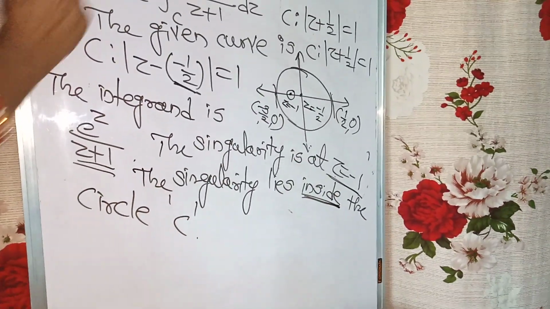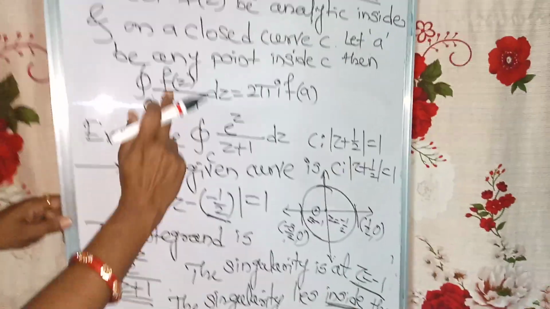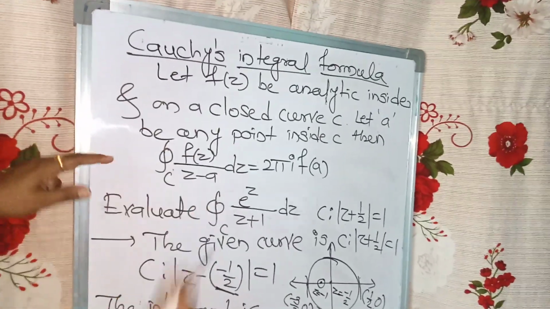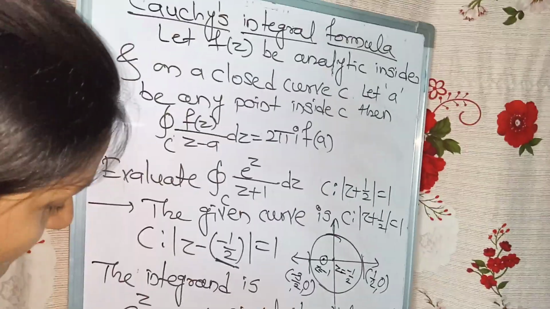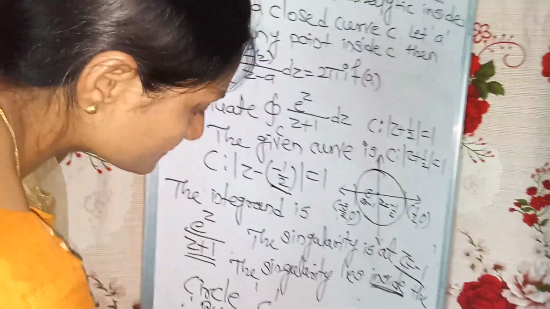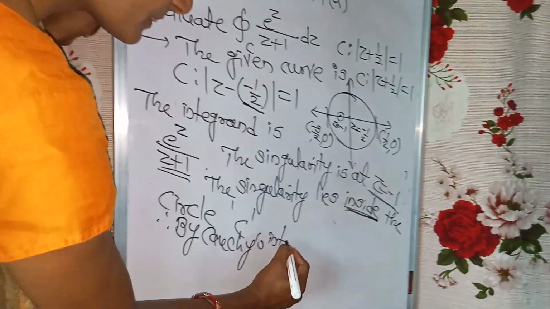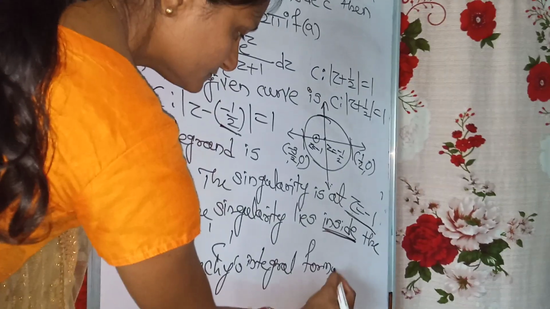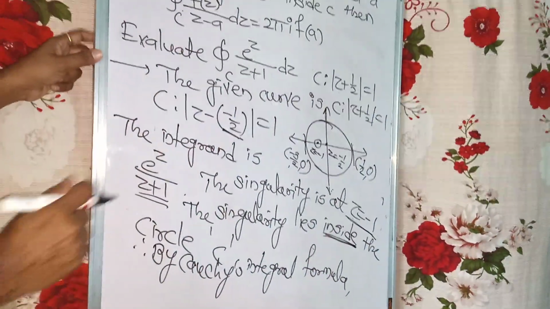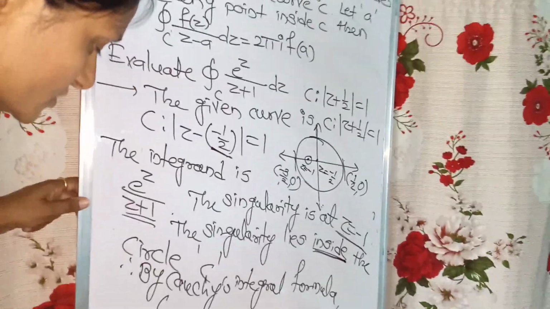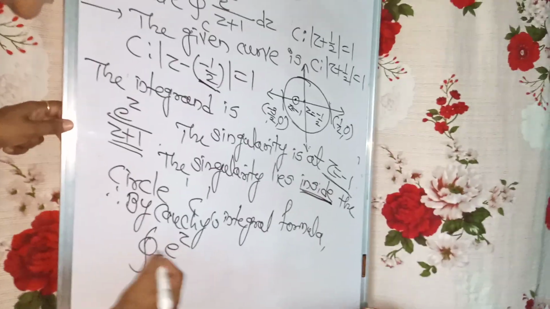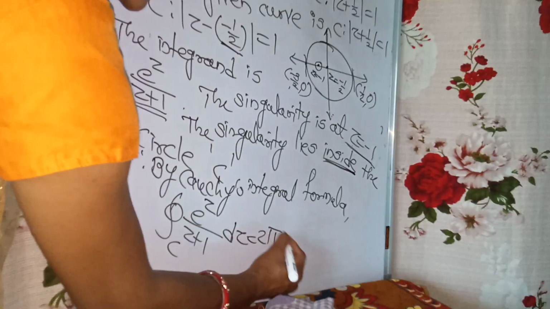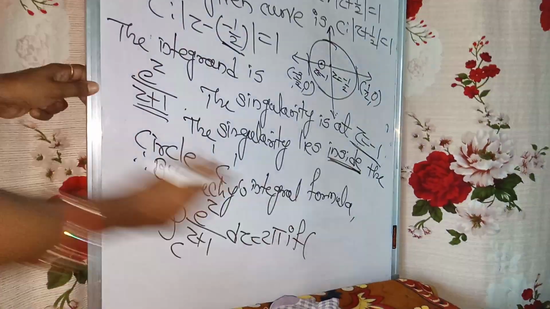Hence, by Cauchy's integral formula, I can use this formula to find the integral value. So I will write, by Cauchy's integral formula, observe the value: the integral over closed curve C of e power z by z plus 1 dz will be 2 pi i into f of a.